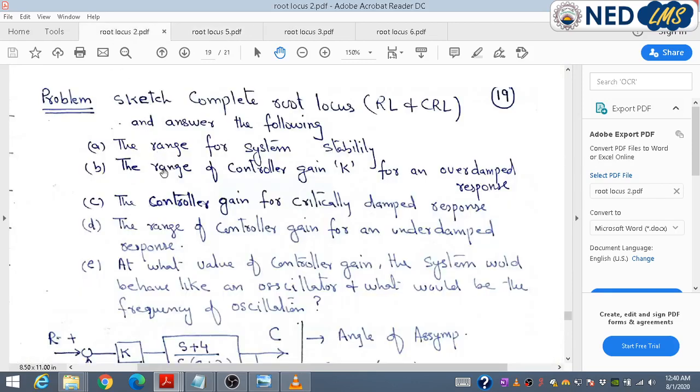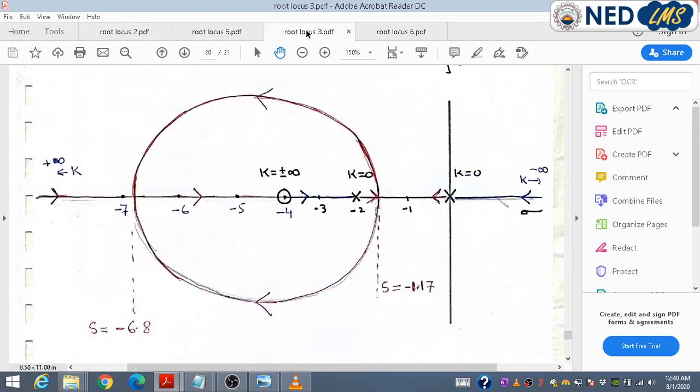The next query is the controller range for an overdamped response. We know that for an overdamped response, the roots must be real and distinct. For the stability range from 0 to positive infinity, one root starts moving from here, and the another root starts moving from here. These two branches meet at this point where s is equal to minus 1.17. So at this particular point, the roots would be equal.